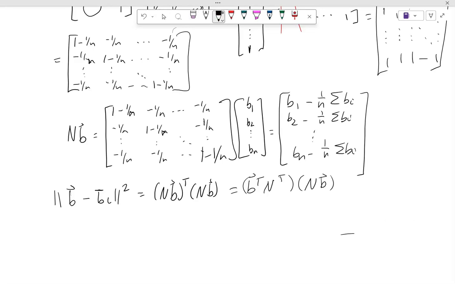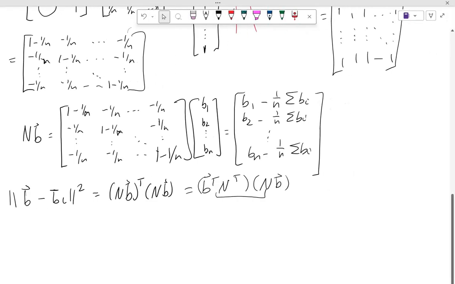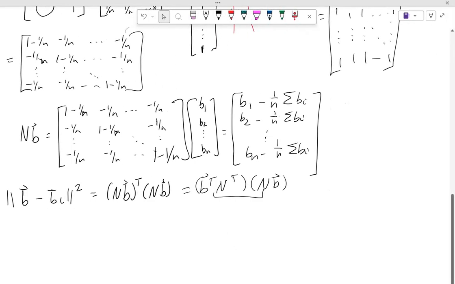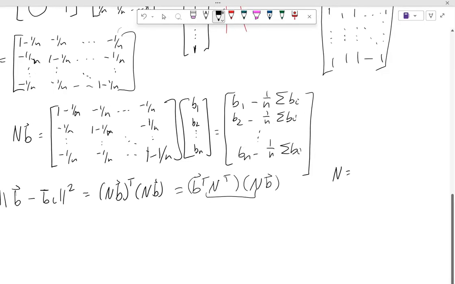Okay. All right. Let's concentrate on what's on the inside here, because we can actually simplify this a little bit. Remember how N was defined a minute ago, right? N was defined as I minus 1 over n I transpose. Let's take the transpose of that. With respect to sums, what can we do with the transpose?